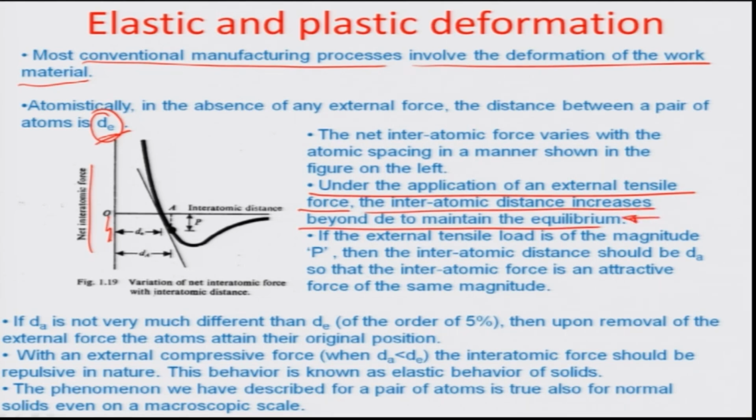So we apply an external tensile load, let us say P, okay. Then the interatomic distance should be, let us say, some value dA, because now because of the external applied force there is going to be a change in the lattice spacing between the atomic system. I am only talking about a biatomic system at this time. I am not concerned with how the atoms get arranged in a crystal, okay.